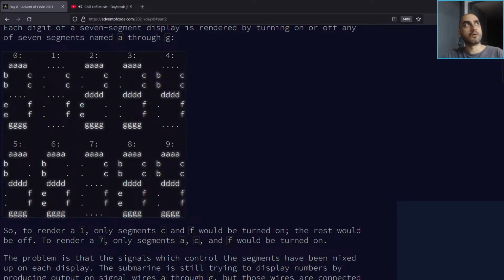So it'll be like possible digits. 2 maps to 1. It can only be 1 in that case.